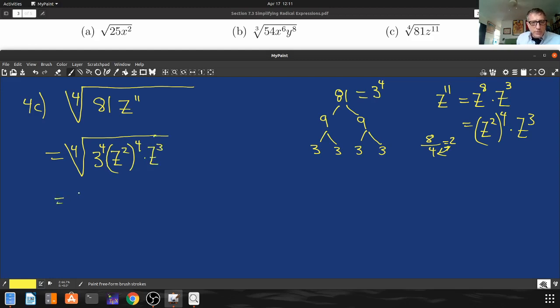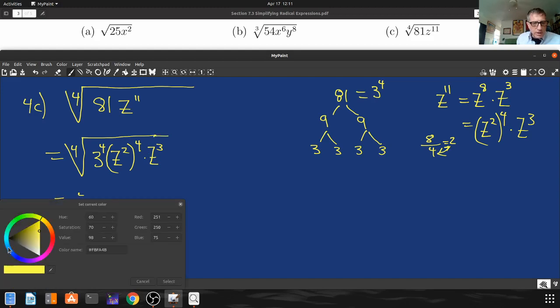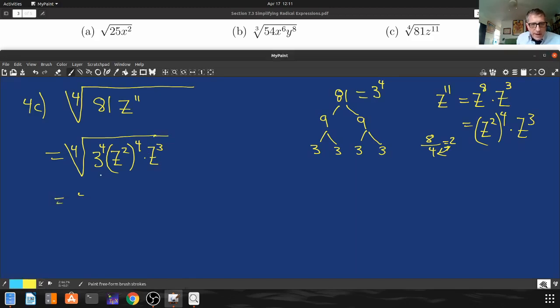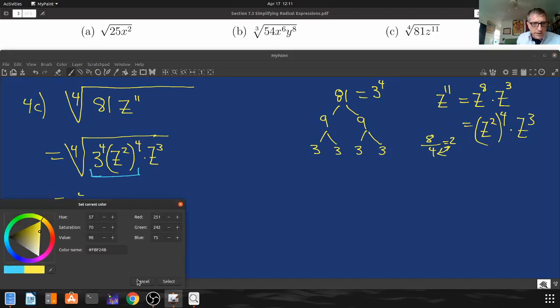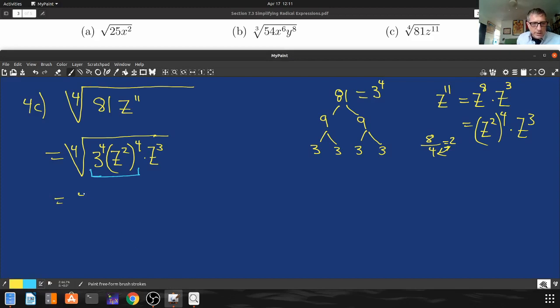And then I'm going to use the trick. Again, we're concentrating on the factors that are raised to the 4th power, which are those two factors that I underlined in blue. So that's the same as 3z squared together raised to the 4th power times z cubed.